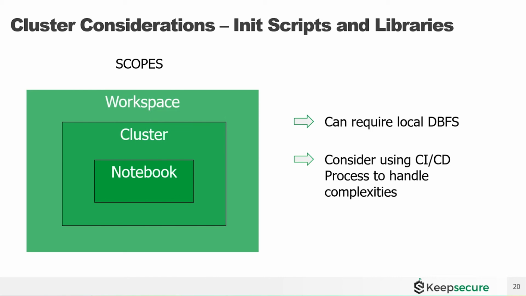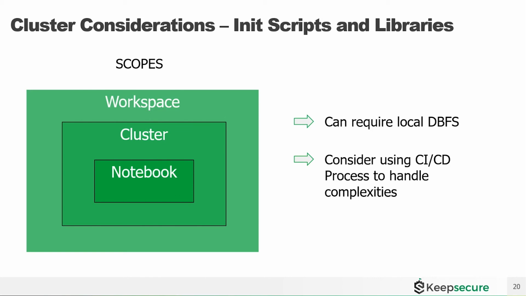But when you set up init scripts and libraries at the workspace scope, every cluster that gets spun up will automatically inherit that init script and library configuration and automatically apply it. And then same thing from a cluster perspective to notebooks, especially with libraries. Those libraries are going to be installed at cluster startup time, so they're going to be available to every single notebook.